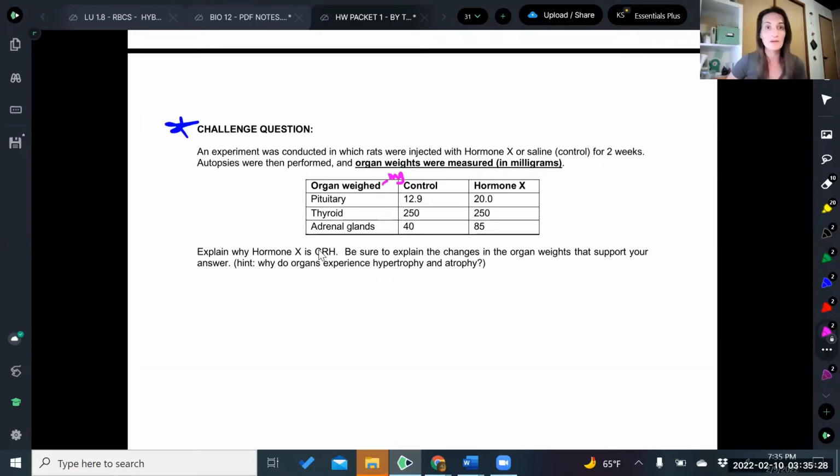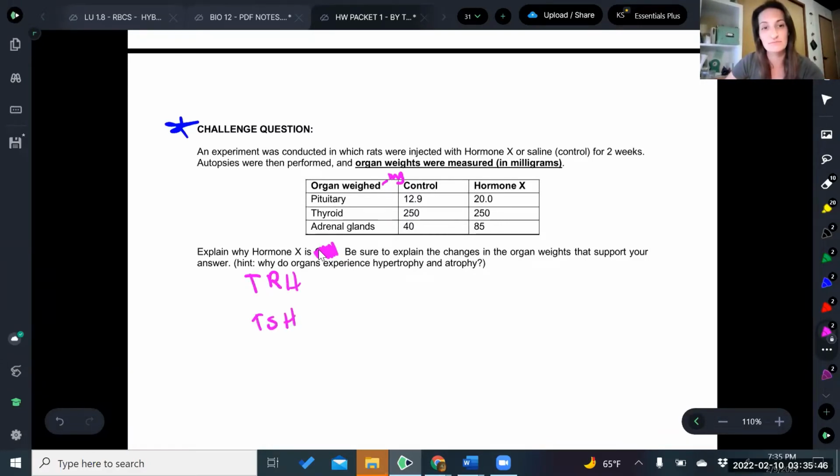Or I might ask you to determine what the hormone is. So I might not tell you that hormone X is CRH, but I might give you a similar data table here and ask you, what is hormone X? Is it TRH, TSH, TH, or is it associated with the adrenal axis?